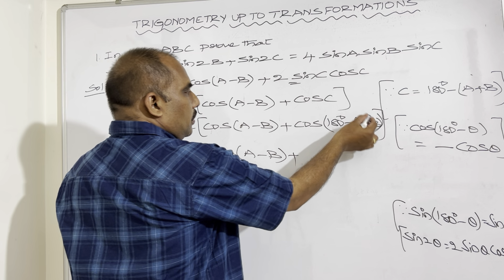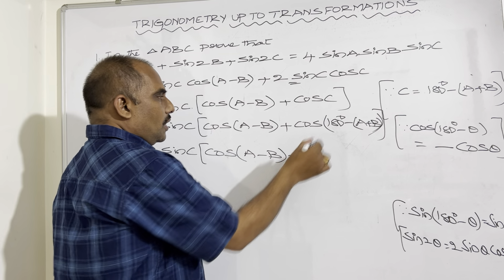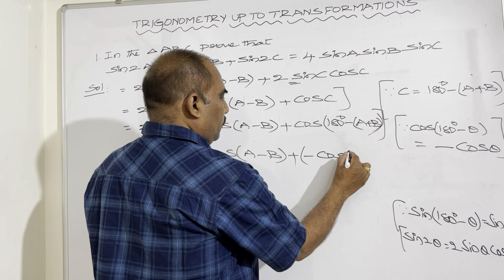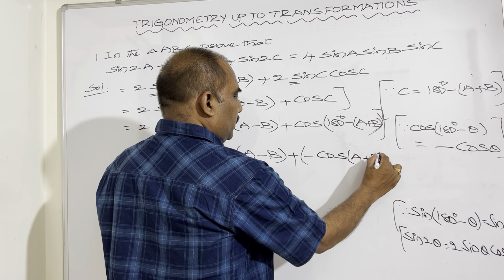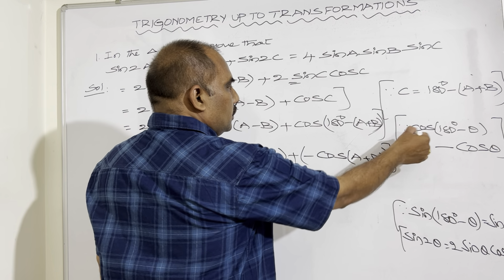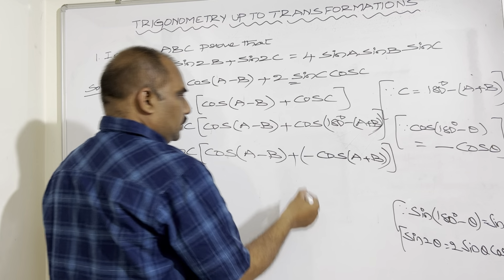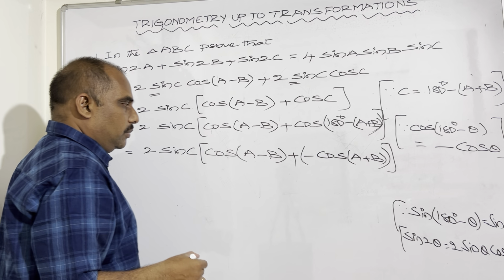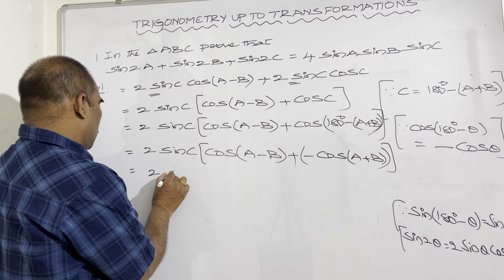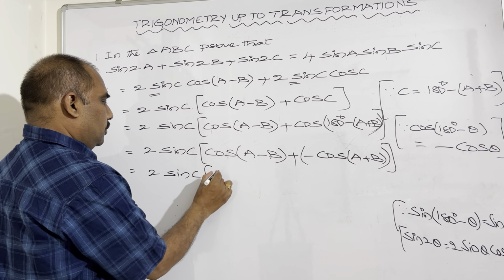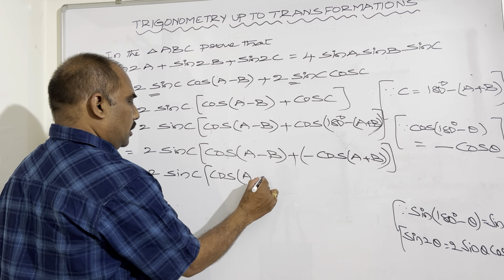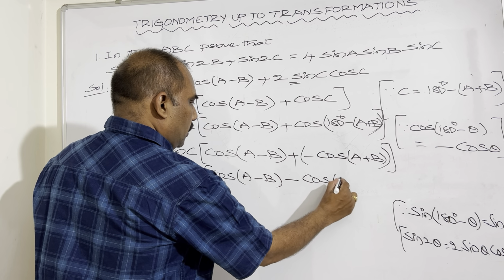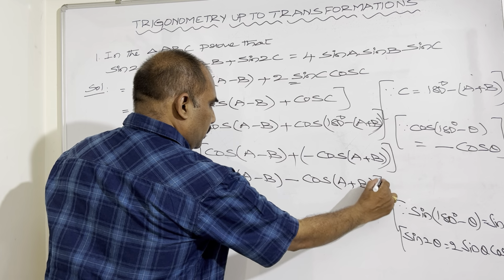In place of theta we have A + B, so cos(180 - (A + B)) is minus cos(A + B). Further it becomes 2 sin C [cos(A - B) - cos(A + B)].